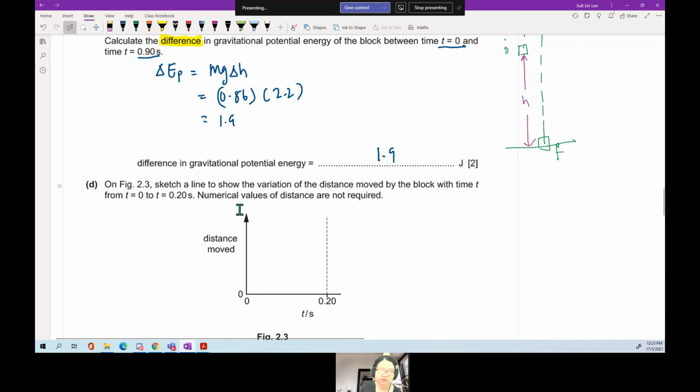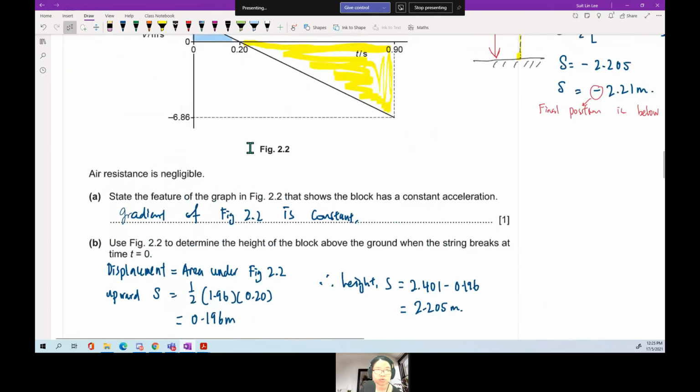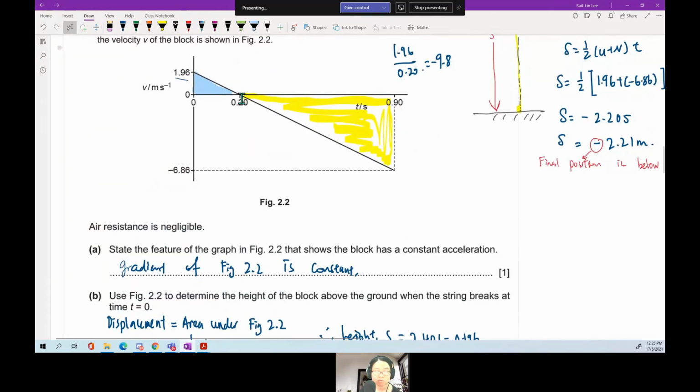Okay, so sketch a line to show the variation of distance moved by the block with time t. For the first 0.20 seconds, well, the block is slowing down because it is still on the way up, right? 0.20 second is here. The block is slowing down.